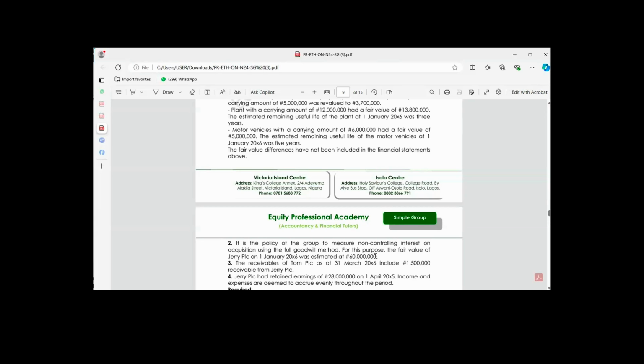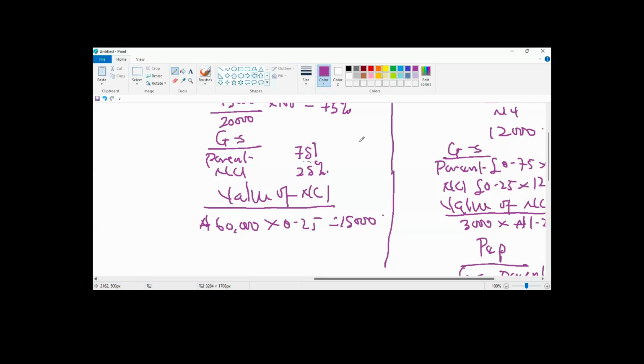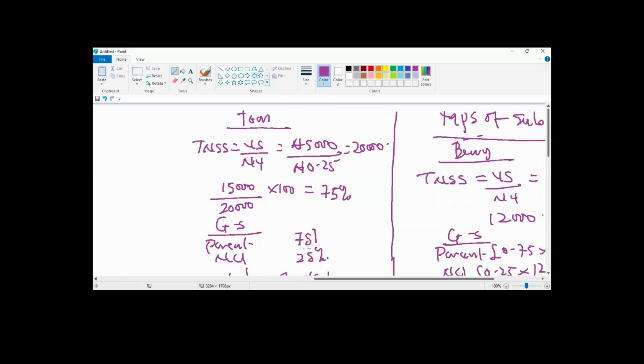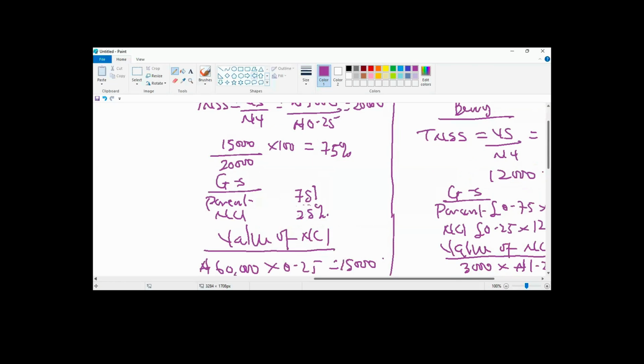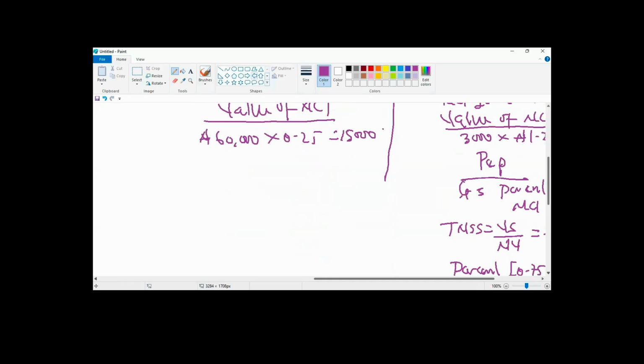For better understanding, it's very simple. Don't be confused about it. How many shares are in the whole company? Look at it now. 20,000 units of shares. Can I get the price of each one of them? Yes. What is the price?